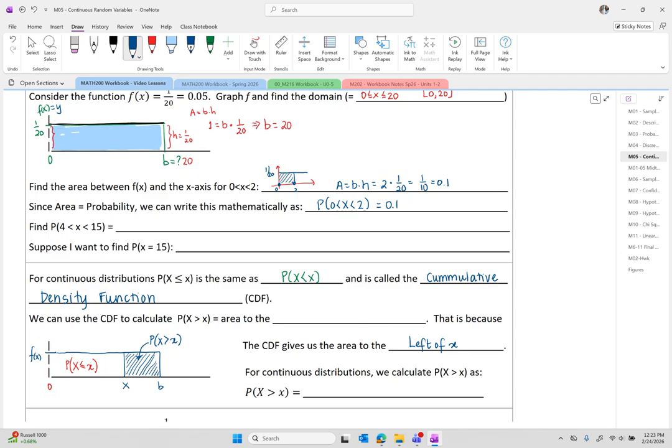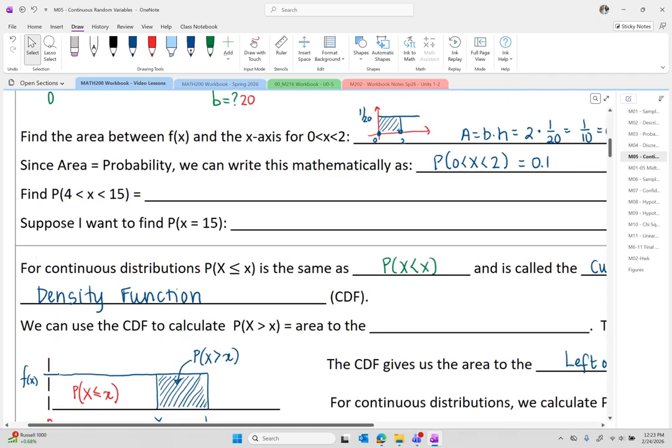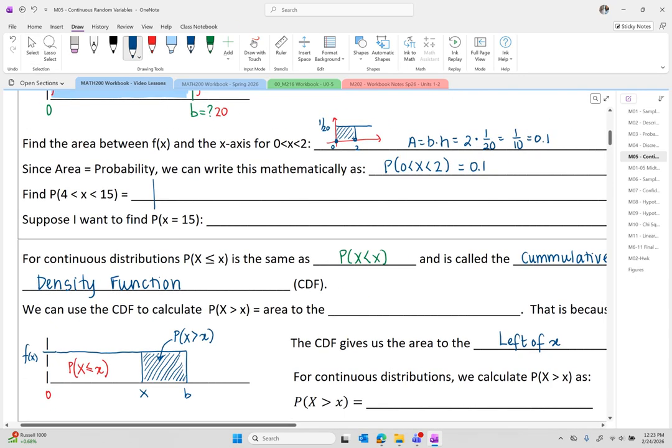So to find the probability that x is between 4 and 15, again, this is the graph of the function. It goes from 0 to 20. It has a height of 1/20th, and it's a horizontal line. So the probability from 4 to 15 will have to equal the area under the curve from 4 to 15.